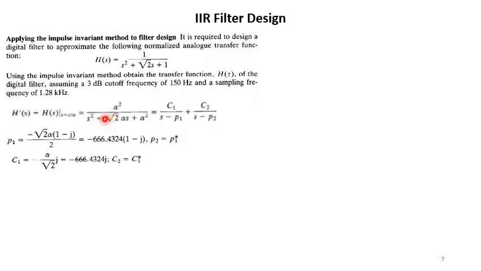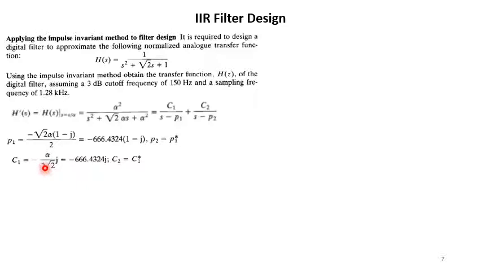So by simplification we obtain alpha squared over S squared plus square root of 2 alpha S plus alpha squared, or we can equate it to C1 over S minus P1 plus C2 over S minus P2 by partial fraction expansion. Okay, so in this way we can find P1 equals to this one. These are the values. Okay, and similarly P2 equals the conjugate of P1.